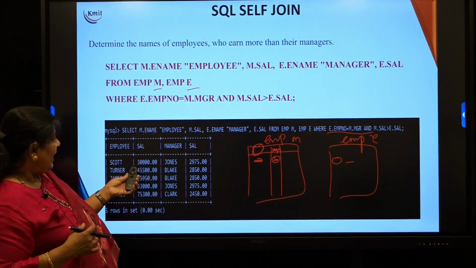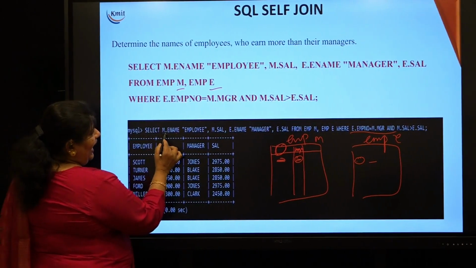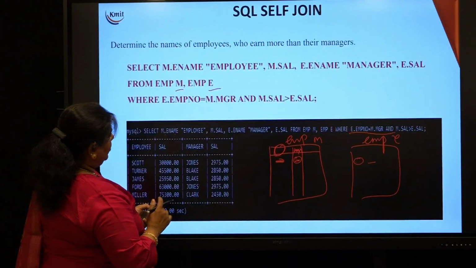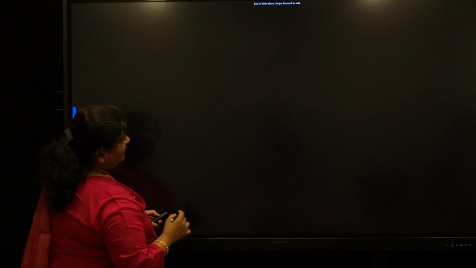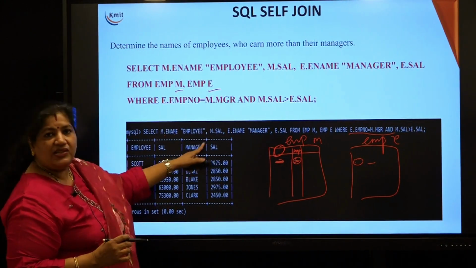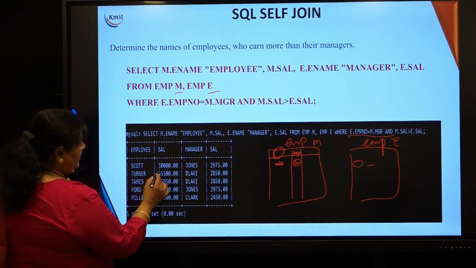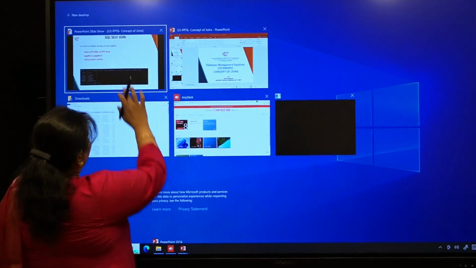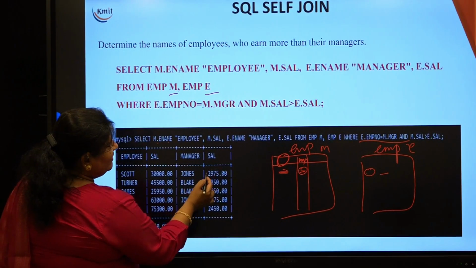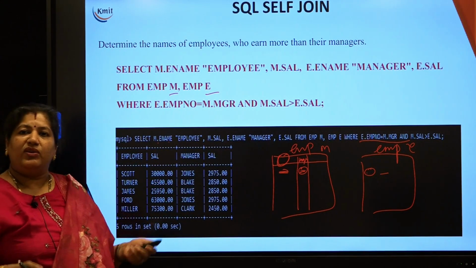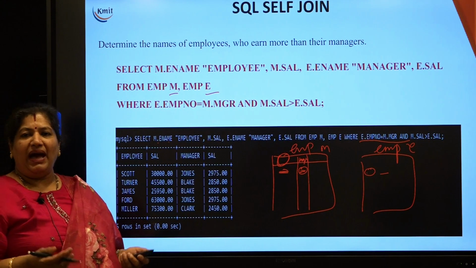For clarity, I have included the employee name as well as the salary, and the manager name as well as the salary. If you observe here, this particular employee whose manager is Jones is earning only 2975, and Scott is earning 30,000. So he is earning more than his manager.